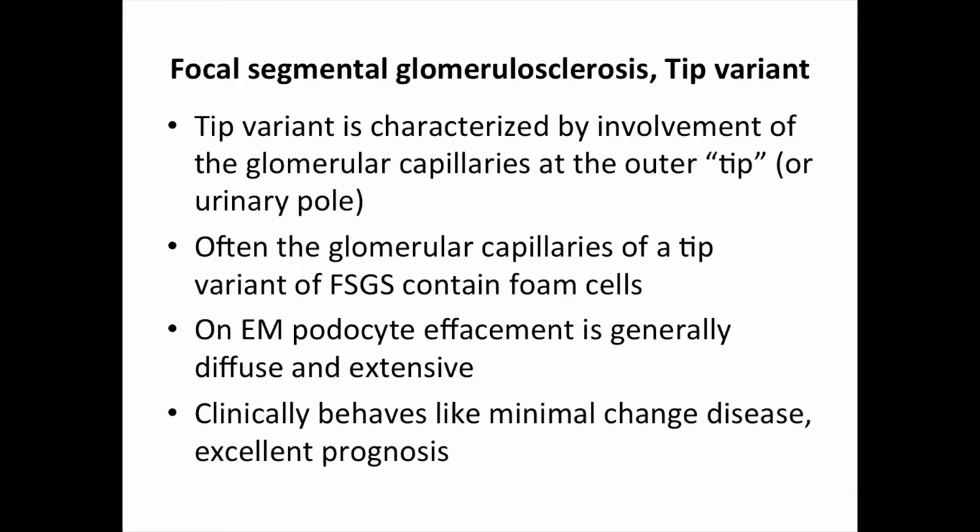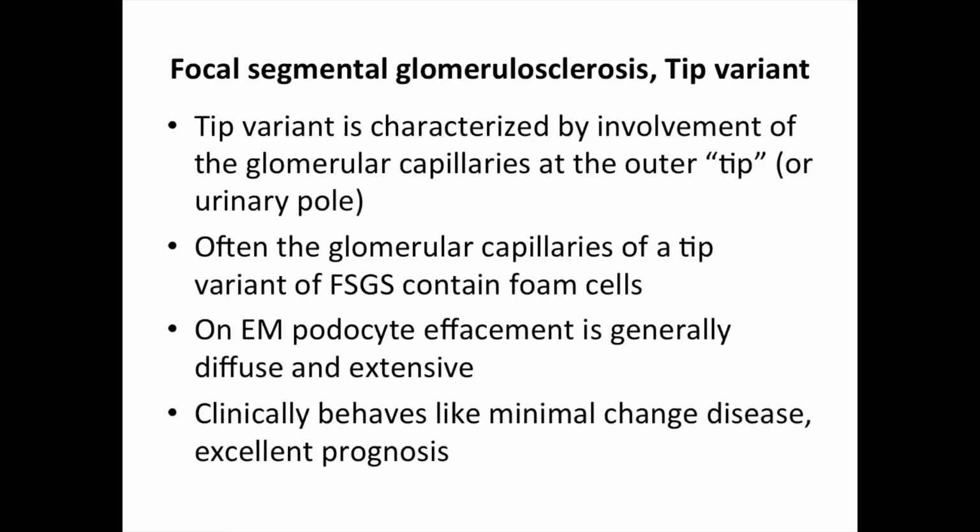Now, sometimes we can have the tip variant alongside other variants, the classic variant or the collapsing variant, or they coexist together. When do we call this FSGS tip variant? When it is the only variant available. We don't see other variants. All the FSGS that we see is of the tip variant.